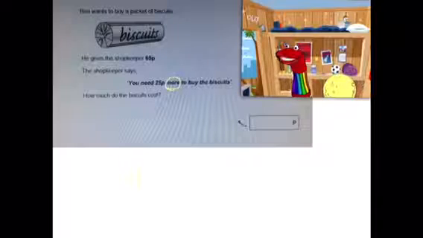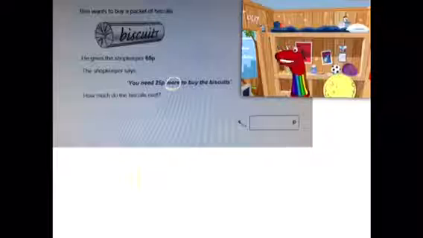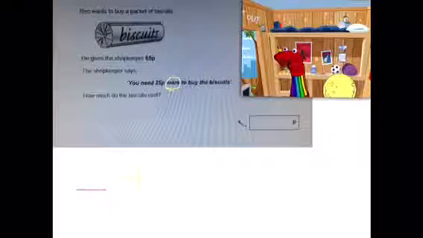Now that we know which operation we are going to use, we still need to finish the rest of the number sentence. So, which two numbers are we adding together? Well, it says Ben wants to buy a packet of biscuits. He gives the shopkeeper 65p, so we can highlight the number 65. The shopkeeper says you need 25p more to buy the biscuits.